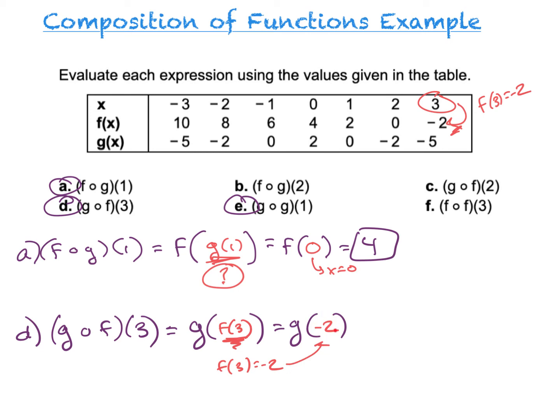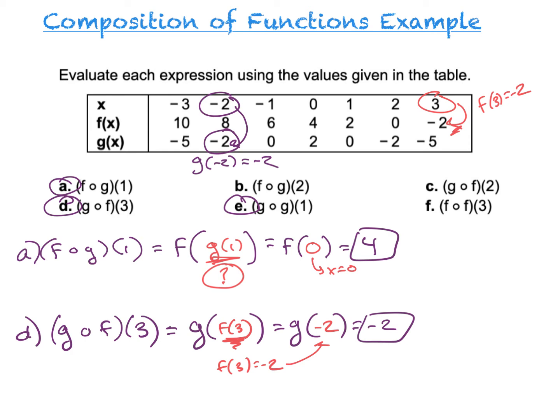So now this is the input we're going to put into g. X is negative 2 is here, and the g value, that's strange, is actually negative 2. So when x is negative 2, the g value happens to be negative 2. So g evaluated at negative 2 is negative 2.